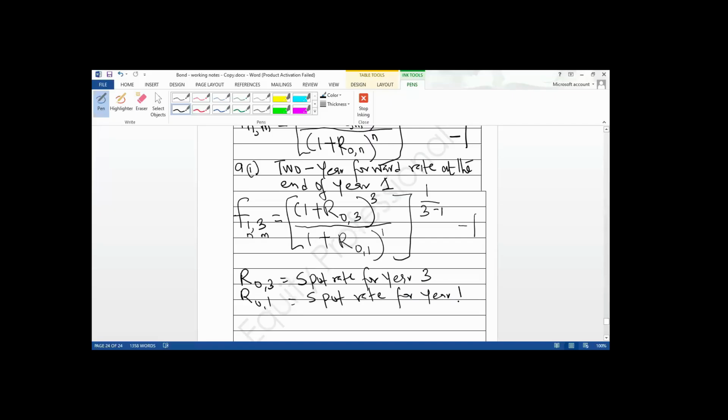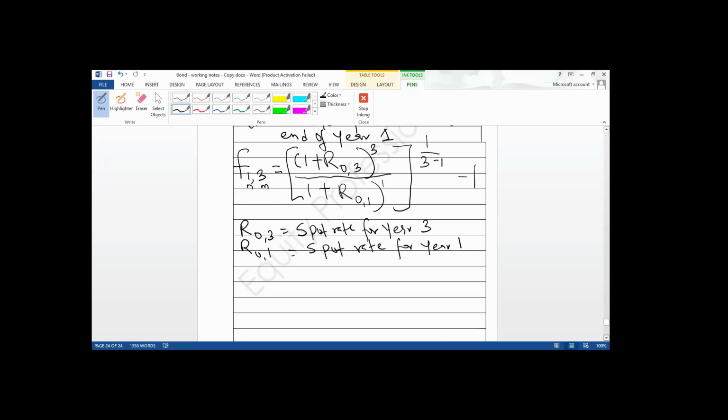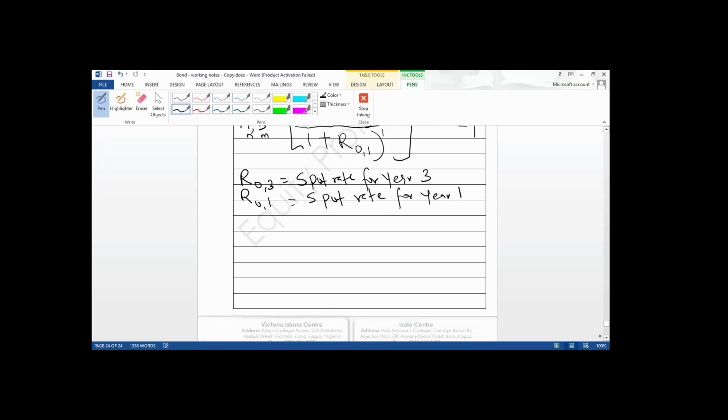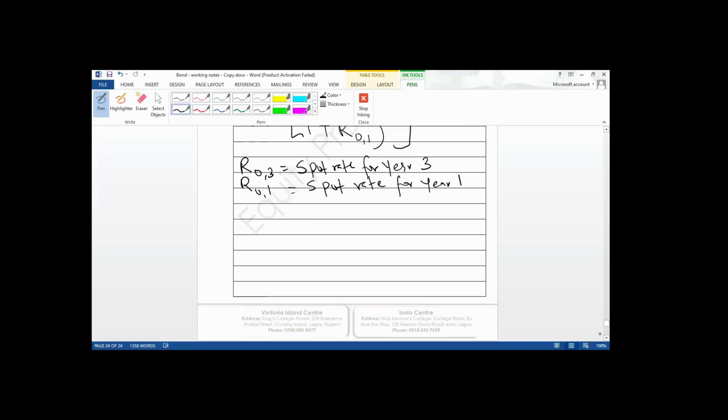That means I require the spot rate for year 1 and year 3. We can leave this space for calculation later. When we get the spot rate for year 1 and year 3, we come back here.